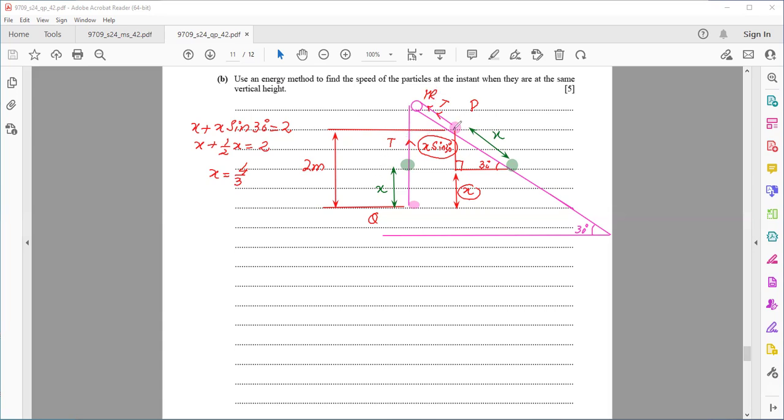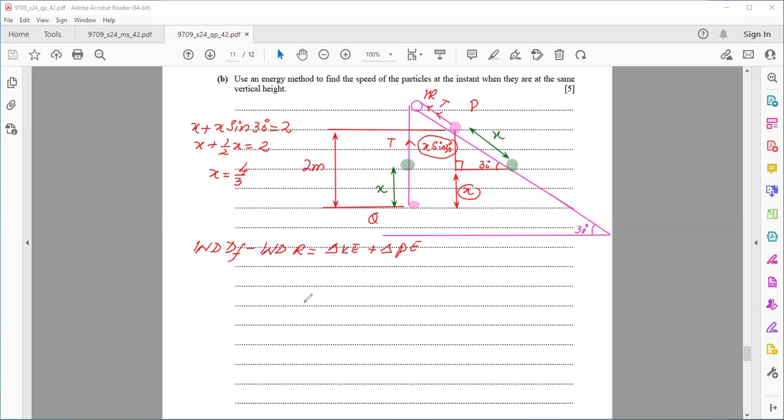Now over here, the normal reaction and all these things, I will draw another figure over here to find the forces upon this one. The work power energy formula is: work done by driving force minus work done by opposing force or the resistance is equal to the change in kinetic energy plus change in potential energy.